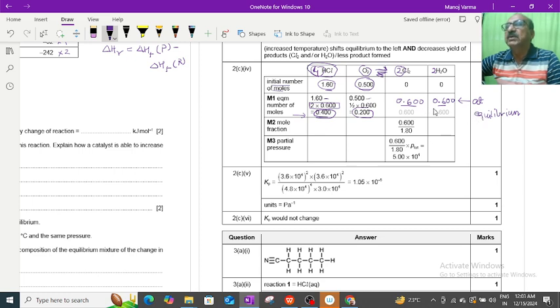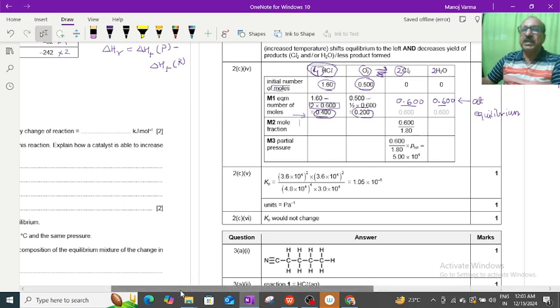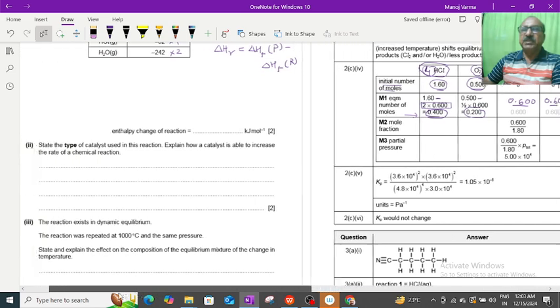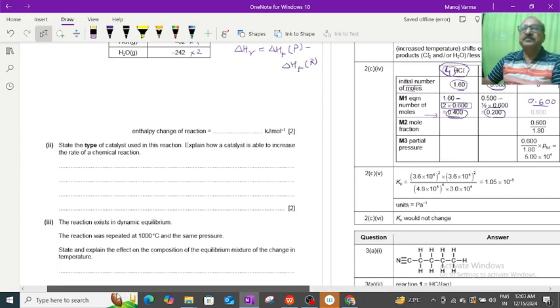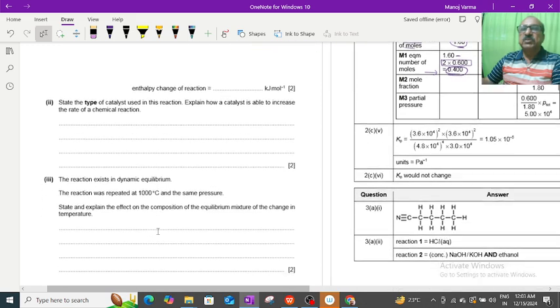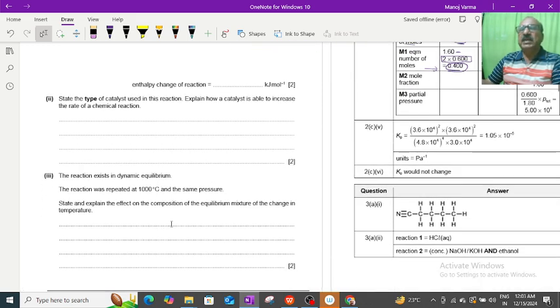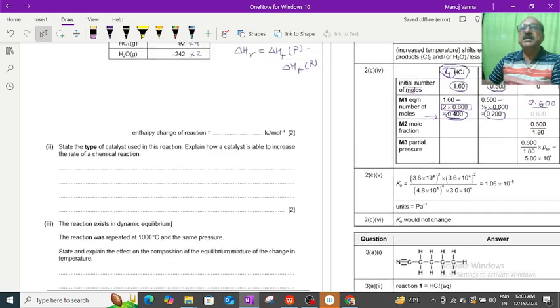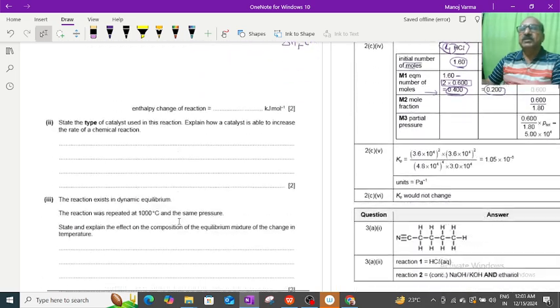These are the values present at equilibrium, and these are the values which were present initially. I think you understood how to work this out, because this is where you have to really apply your concept of stoichiometry. So we understood this.